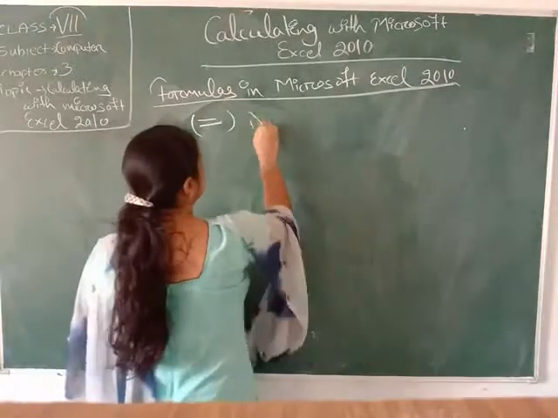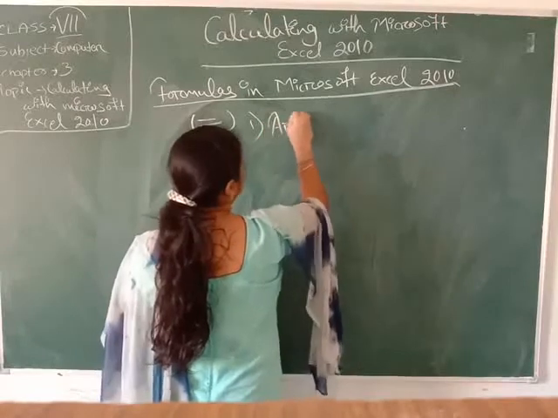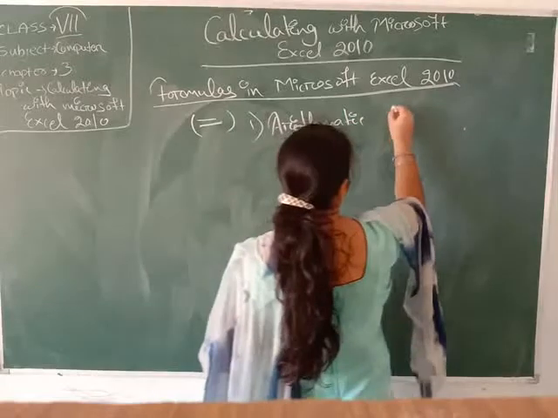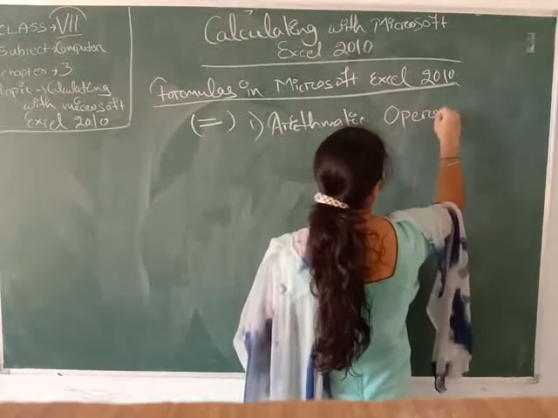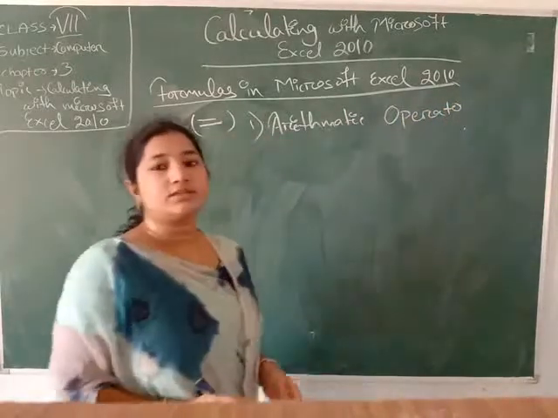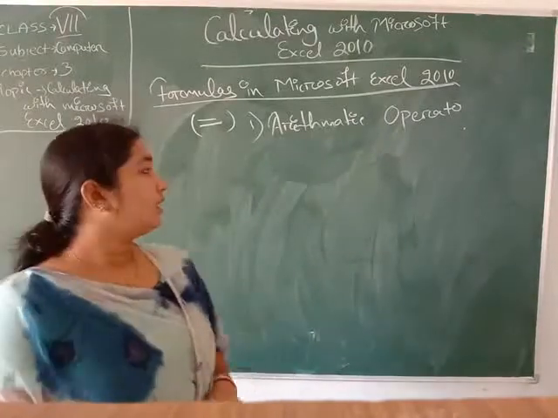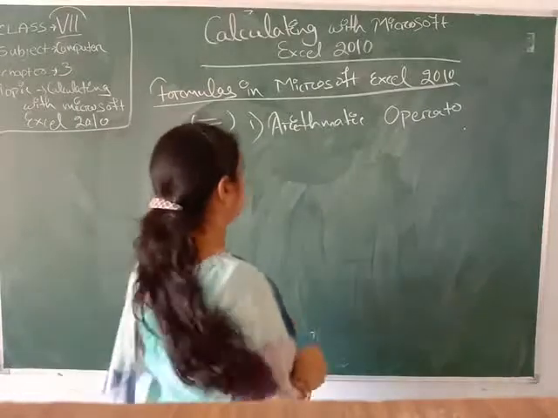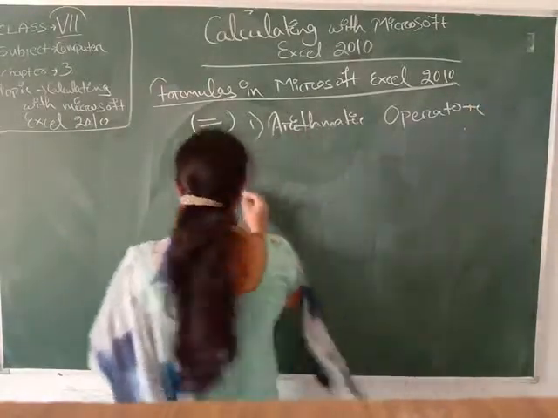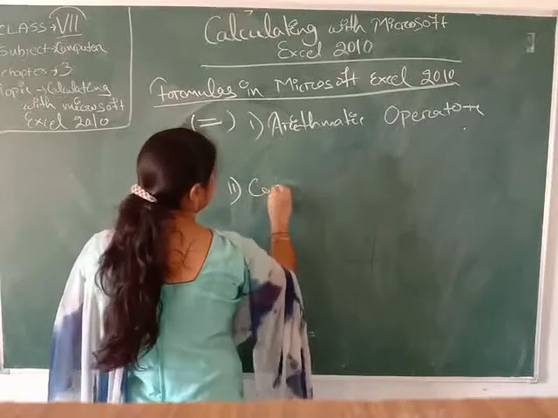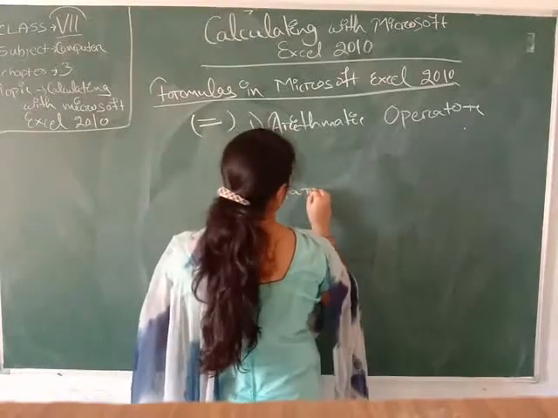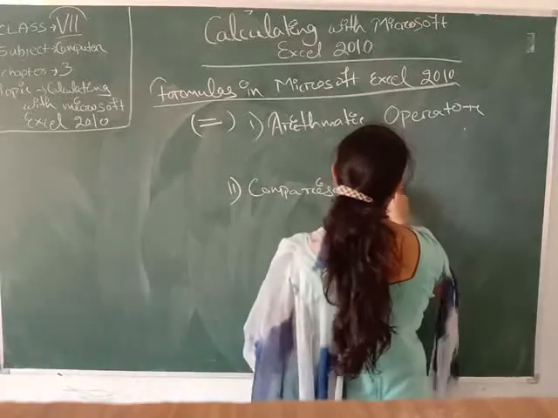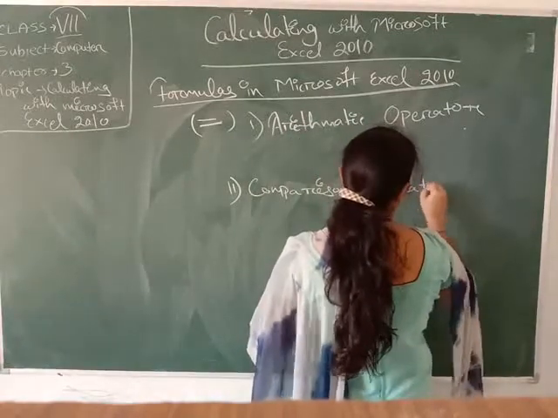So the first one is the arithmetic operator, and the second one is the comparison operator.